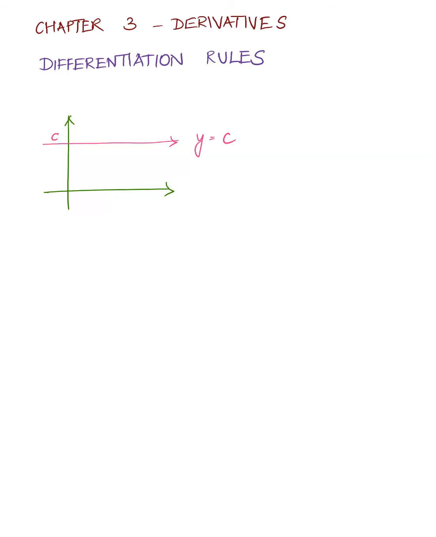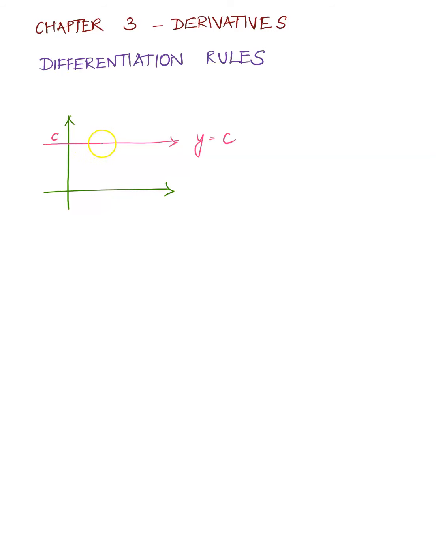So if I wanted to find the slope of the curve at a point, now this is not a curve, it's a line, but you know that a line is a special case of a curve because it is a polynomial of degree 0, right? The degree is 0 because there is no x term here. If the degree is 1, then it is a line which is slanted, but here it's a horizontal line.